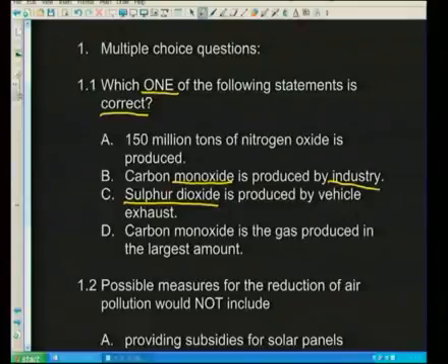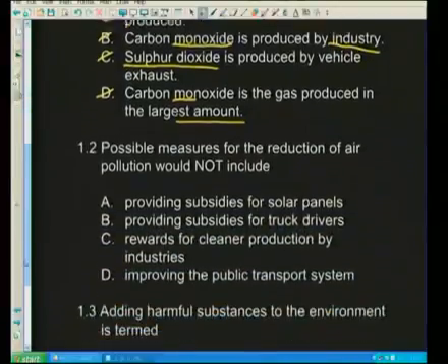No, that's also carbon monoxide that's produced by our vehicles. All right, D, carbon monoxide is the gas produced in the largest amount. I'm not going to agree with that, because I also think it's carbon dioxide that is being produced in large amounts. So if I look at A, B, C, D, I'm going to eliminate D, C, B, and I think the answer is A. All right, let's move on to the next multiple choice.